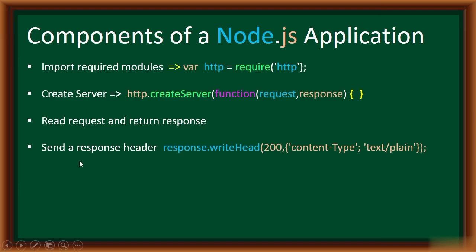So when you are sending a response header, and you're passing this 200, it means that if the response is successful, this 200 will be returned as OK. That means the response has been actioned, received, understood, and accepted. If this is a 3xx, that means it's a redirection.